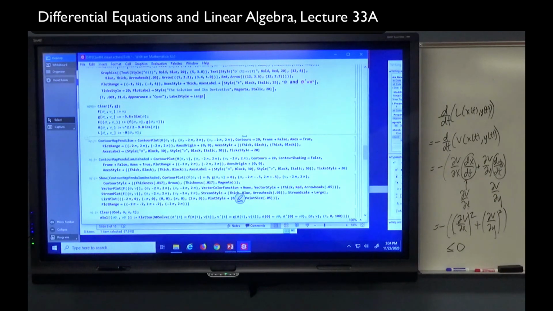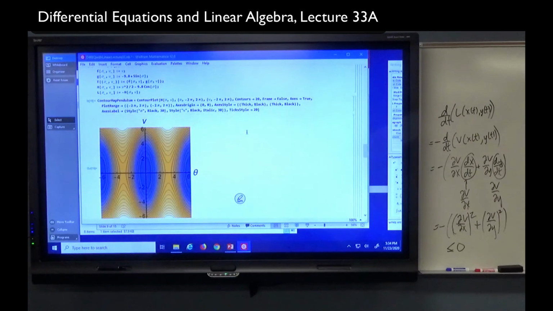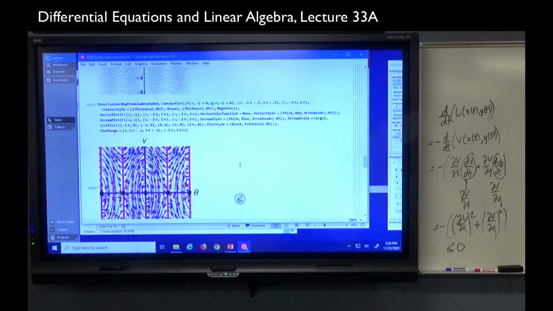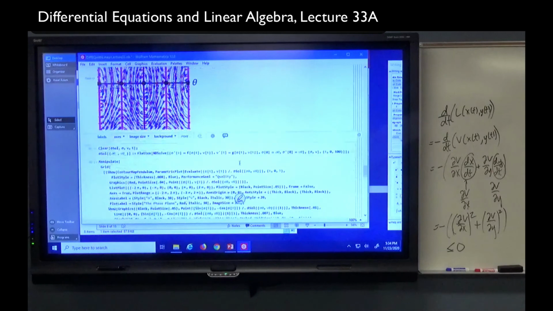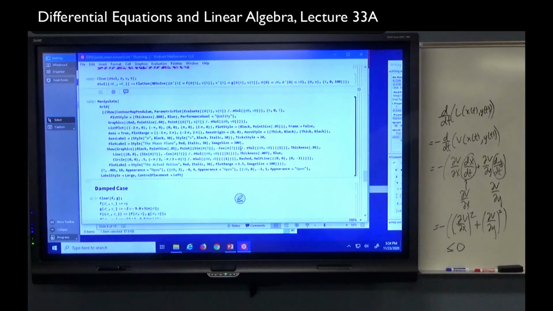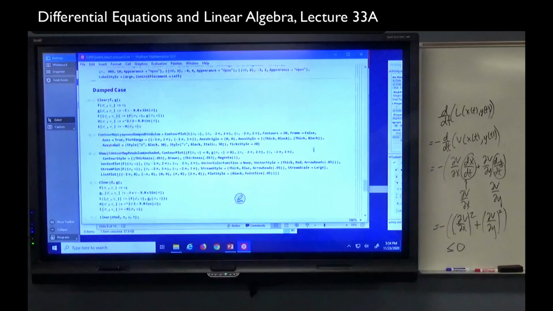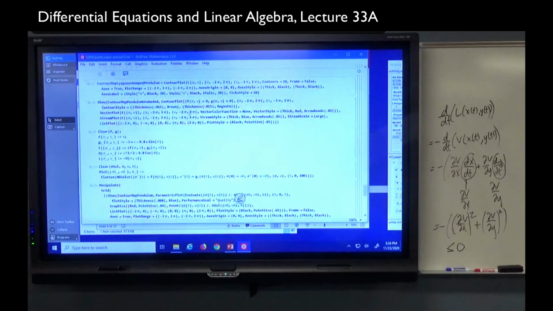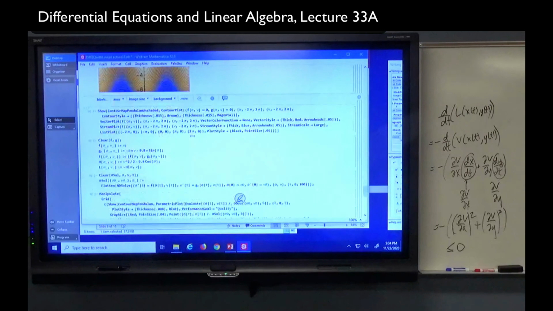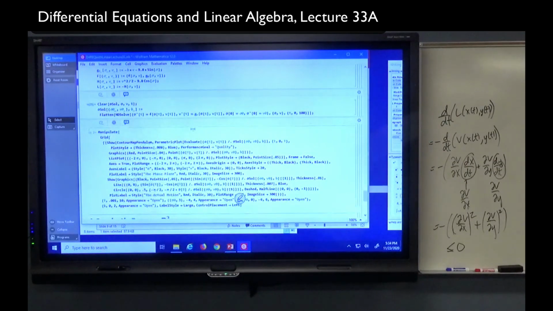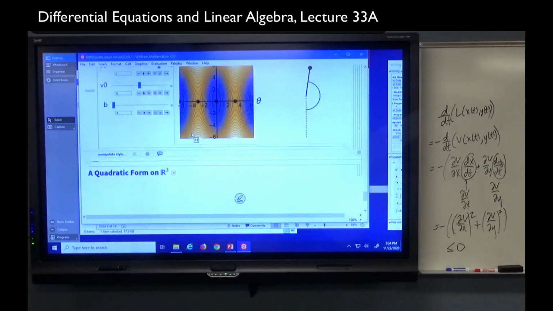We can also add friction. Here are the solution curves we just saw, and now let's look at, oh, no, this is still the undamped case, sorry. All right, enter all these things. Now we are in the damped case.